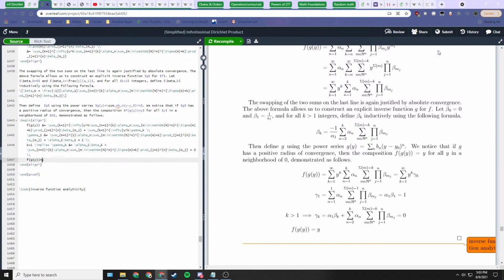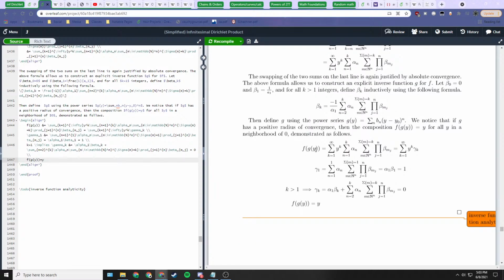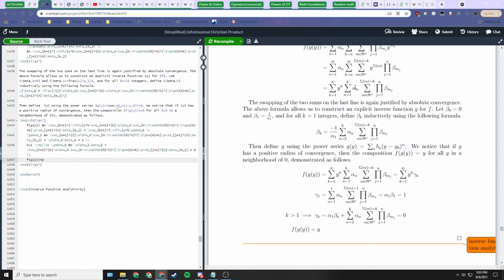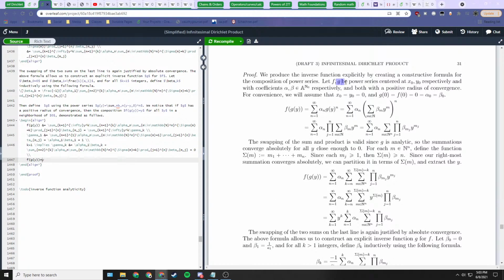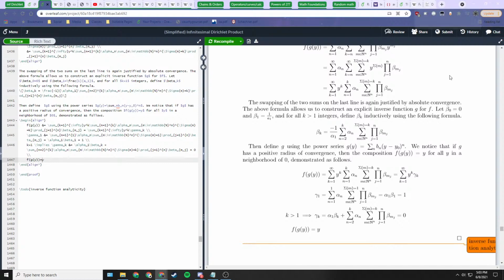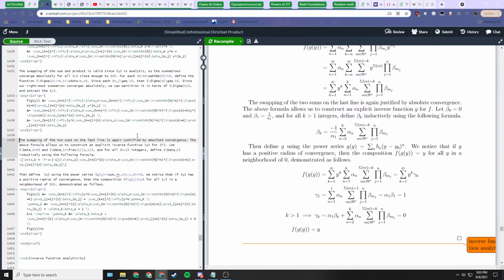Yes, okay. So you have the summation. This is the composition as the formula. So now that we have this composition formula, instead of just having G be arbitrary, we're going to define G. So define beta 0 is 0, beta 1 is 1 over alpha 1.